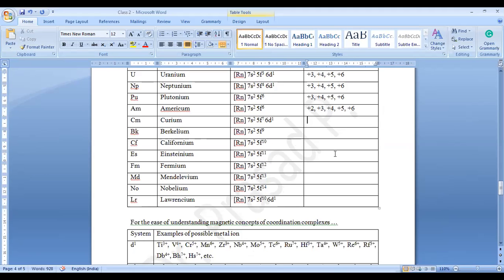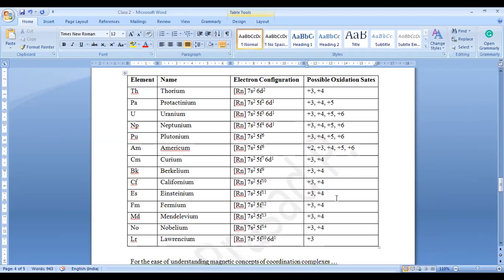Then for americium, it is plus 3 and plus 4 oxidation states. Even the remaining almost all have the same electronic configuration and the same possible oxidation states. The last one has only plus 3 oxidation state. So plus 3, plus 4, plus 5, plus 6, and 4, 4, 4 and 3.